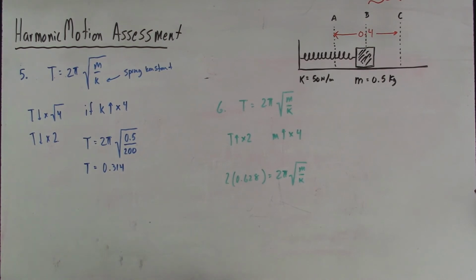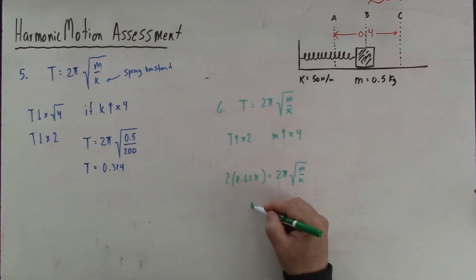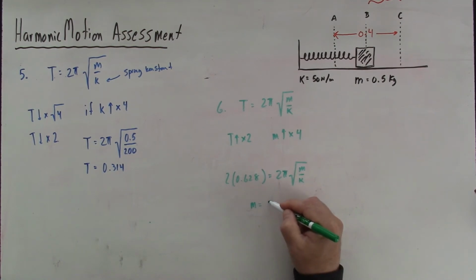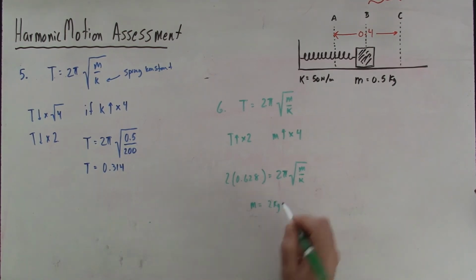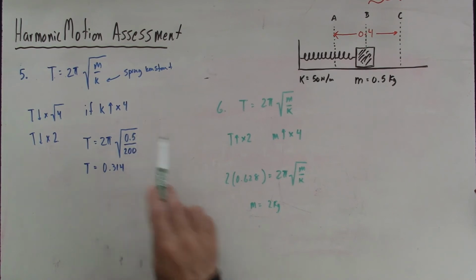And if you go to calculate that, you will solve for m is equal to 2 kilograms, and compared to the original, which was 0.5 kilograms, 2 kilograms is 4 times more. So if you want the period to double, you need 4 times the mass.